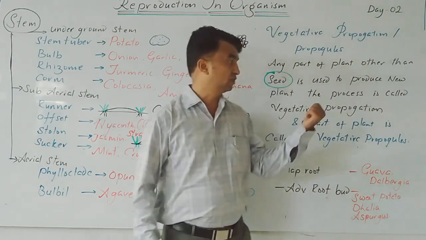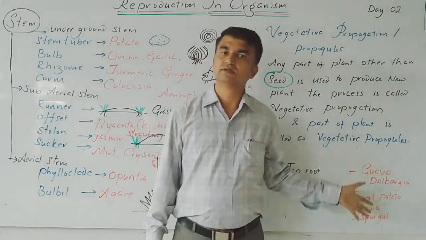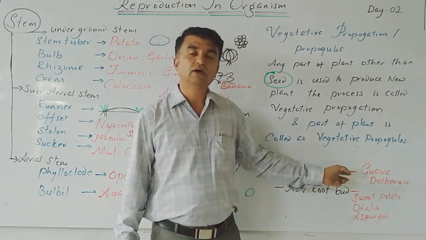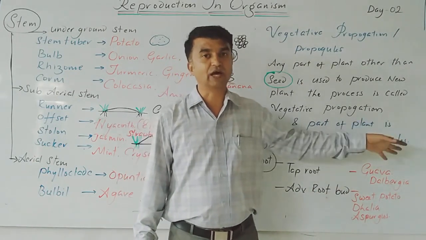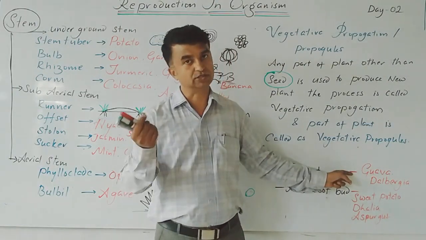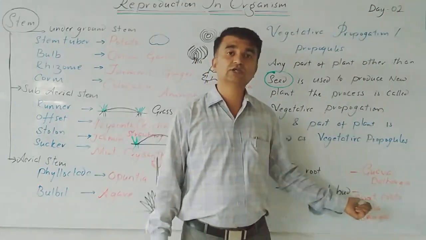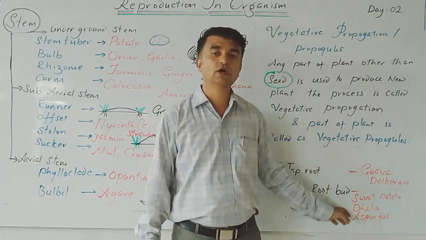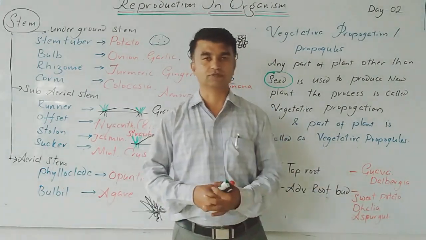The part is called the vegetative propagule. For the root, the taproot in case of guava and dalbergia is used as a vegetative propagule. Adventitious root buds in dahlia, asparagus and sweet potato are also used as vegetative propagules.